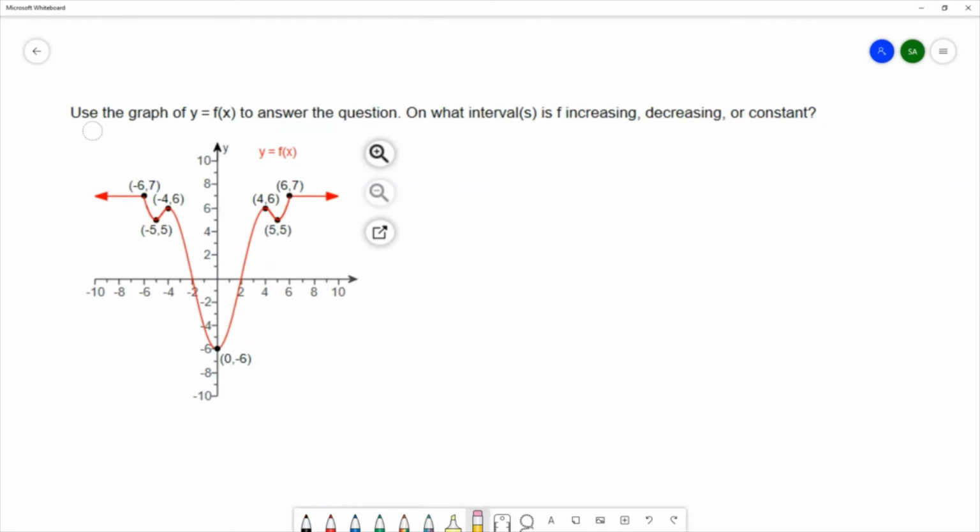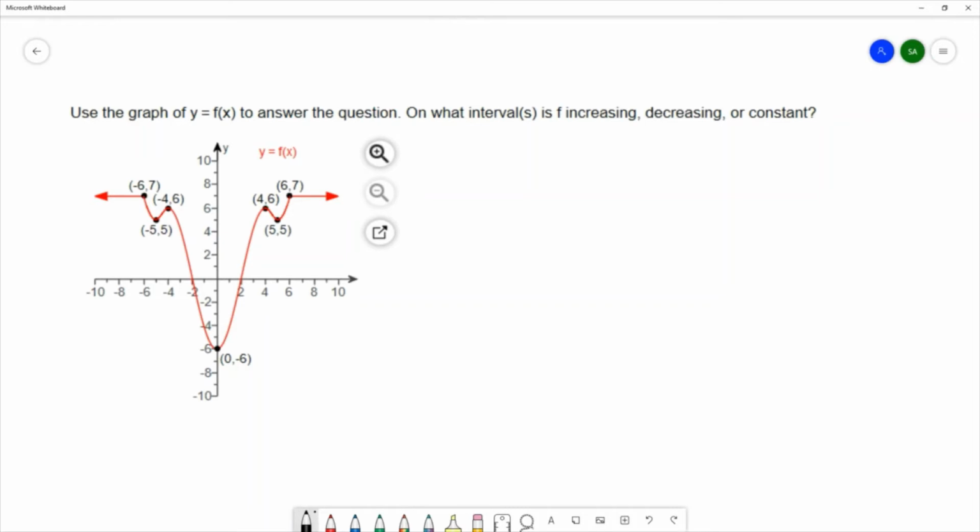This question says, use the graph of y equals f of x to answer the question. On what intervals is f increasing, decreasing, or constant? And this is the graph of f, and we see it in red here. And we want to find the intervals for which f is increasing, decreasing, or constant.